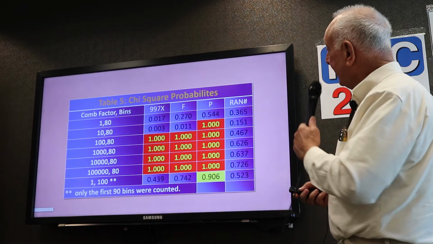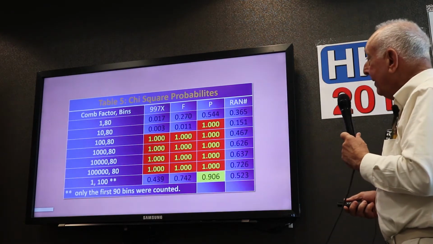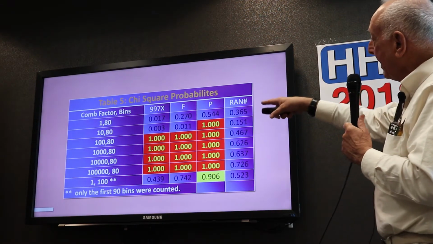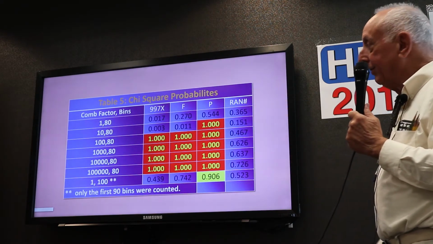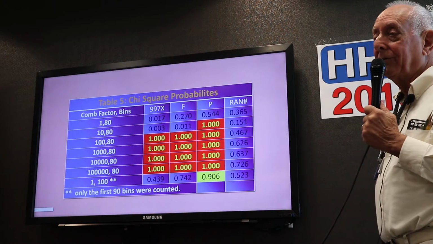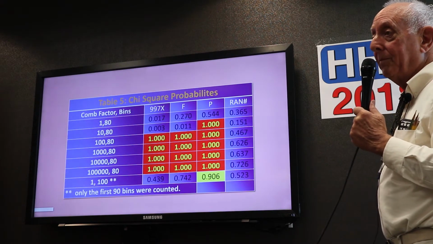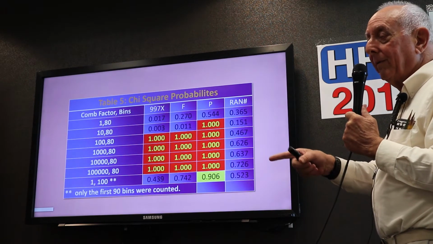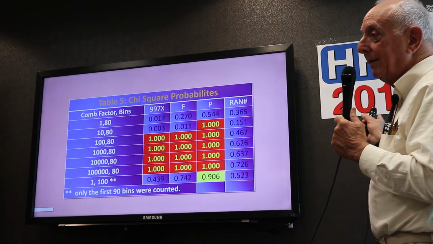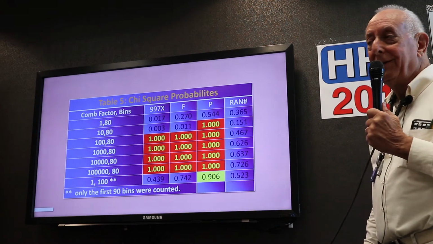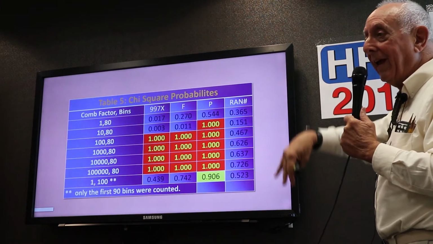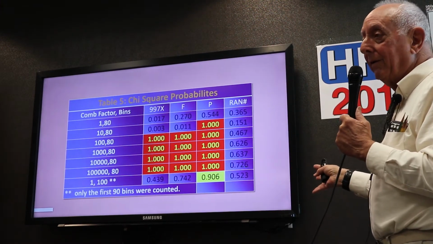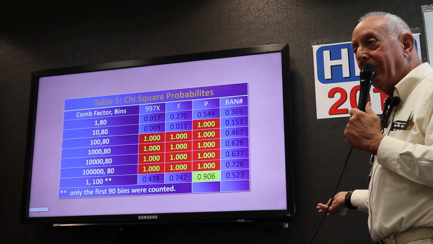So let's look at what we have here. At the time I did this, I only could have 80 bins, and so if a bin that I calculated went beyond 80, I ignored it, because if the first 80 of the bins are non-uniform, then the thing's going to fail anyway.